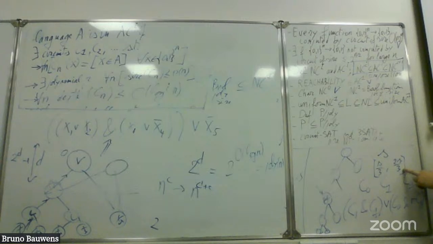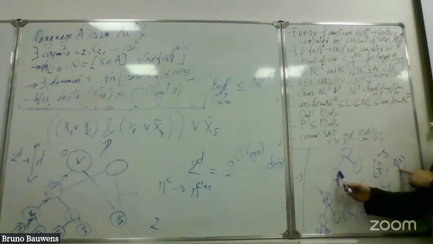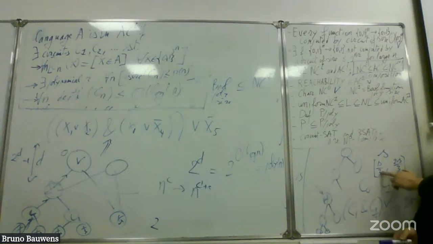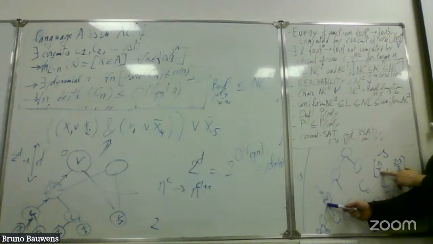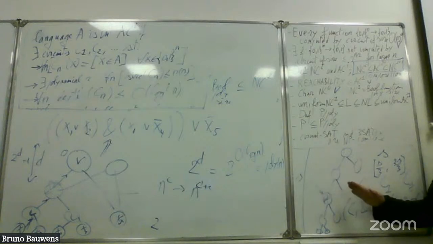And one of its children will have size at least S over 3. So the first node that has size at most 2S over 3, and then the heaviest child has size at least S over 3. And that will be our G. So that's how we break the circuit.